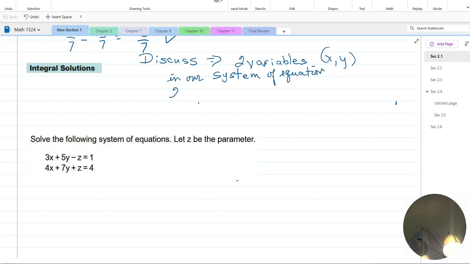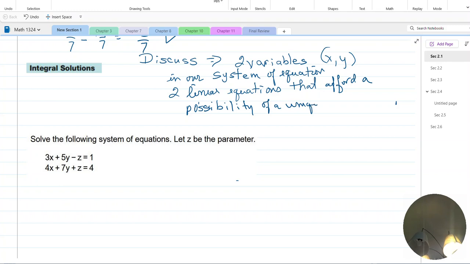And we had two equations in the system. That afford a possibility of a unique solution. All right, the possibility of it, because we have two rows and two variables.